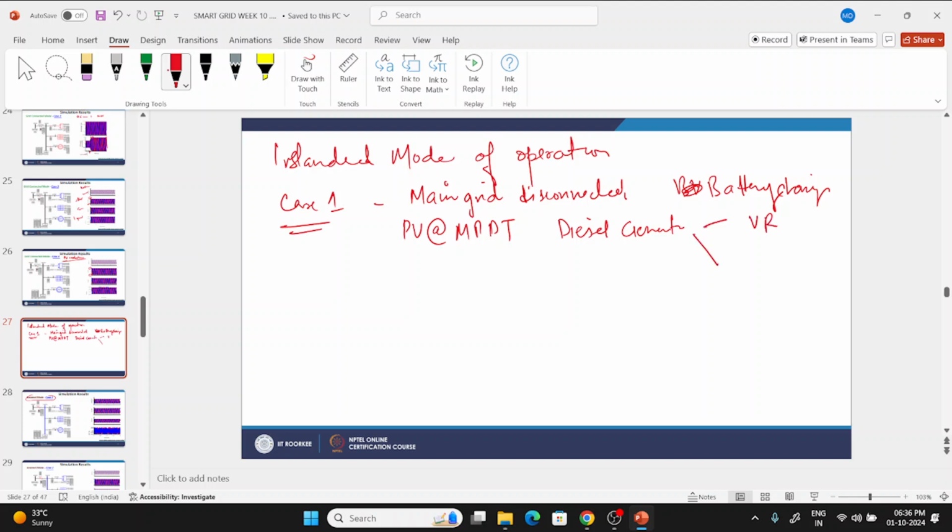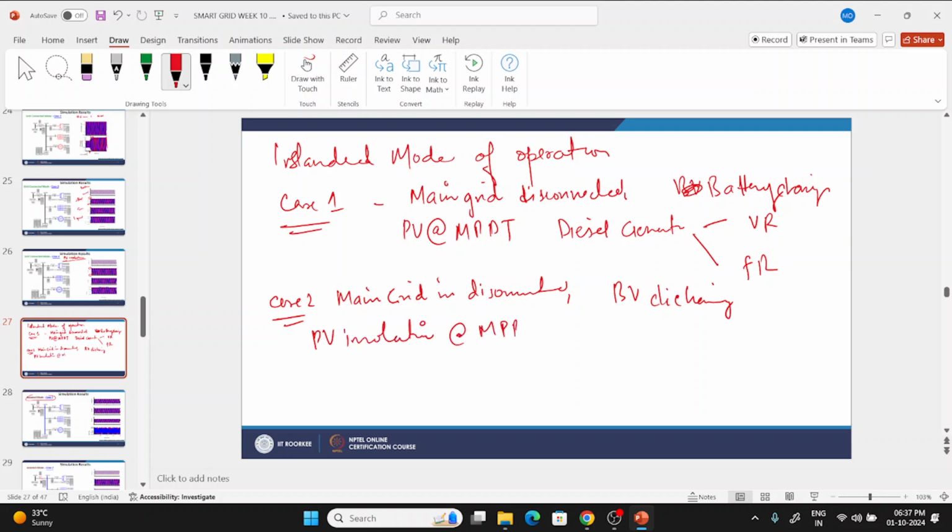It will help in voltage regulation and frequency regulation. Then another case we are going to analyze. The main grid is still disconnected, because in islanded mode of operation, the main grid will always be disconnected. Now, in this case, we are analyzing battery discharging and PV insulation levels are reducing.